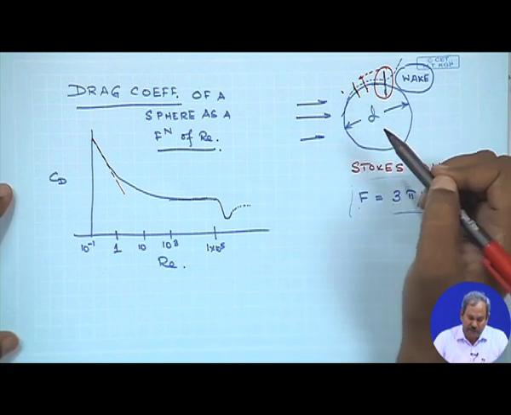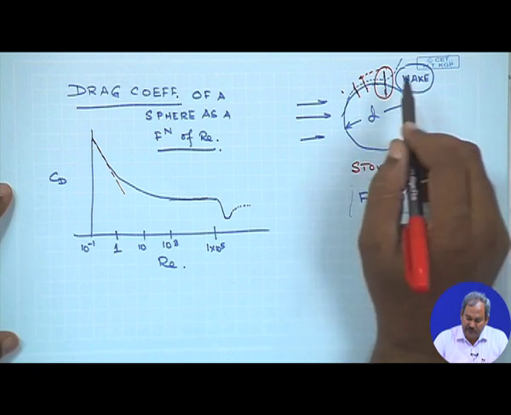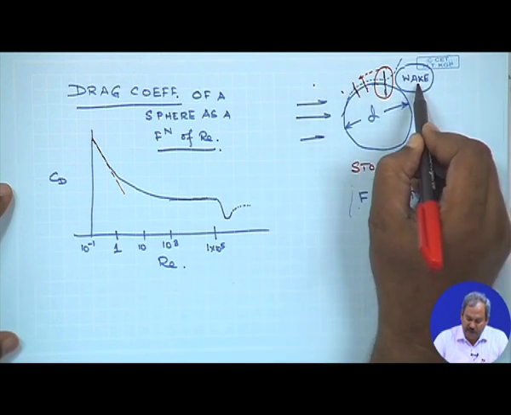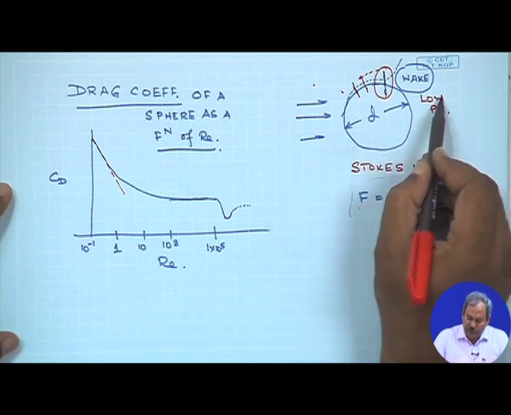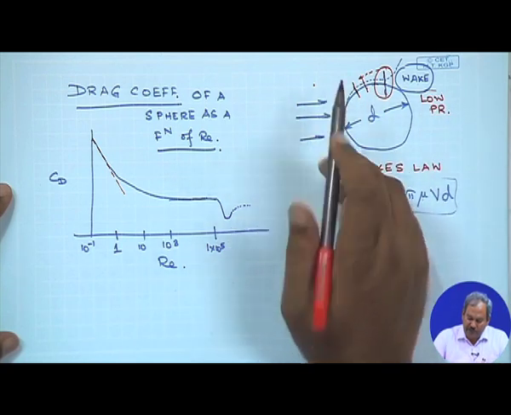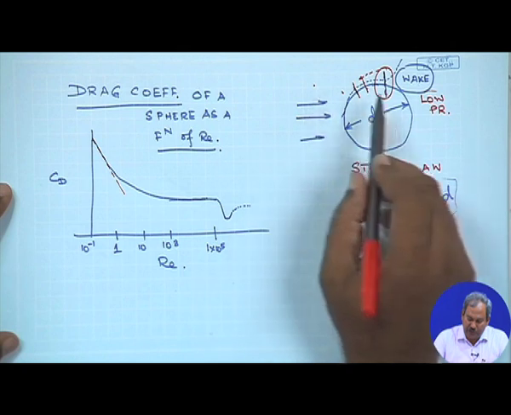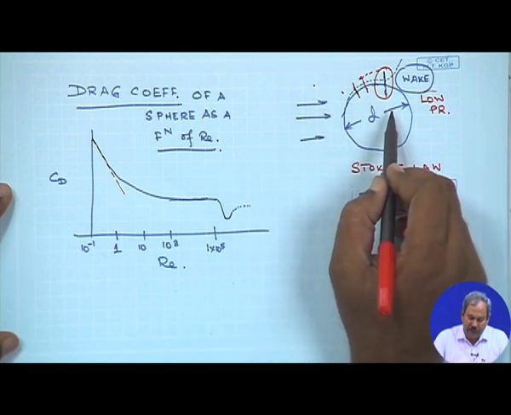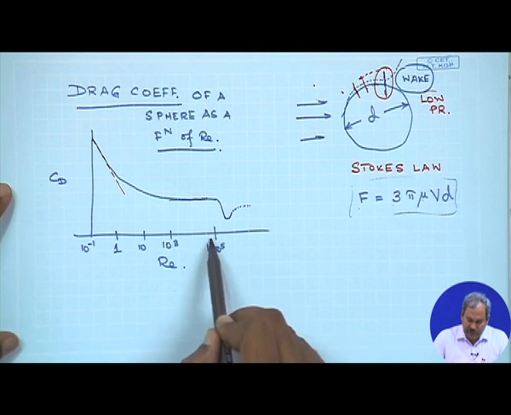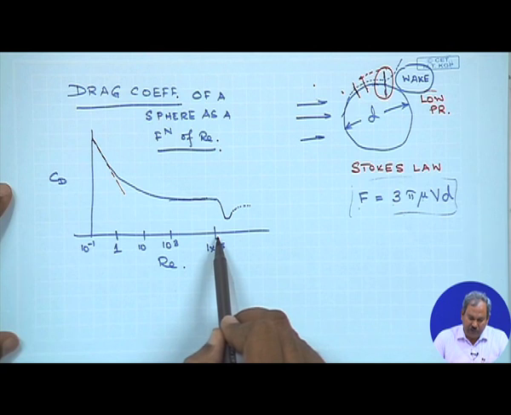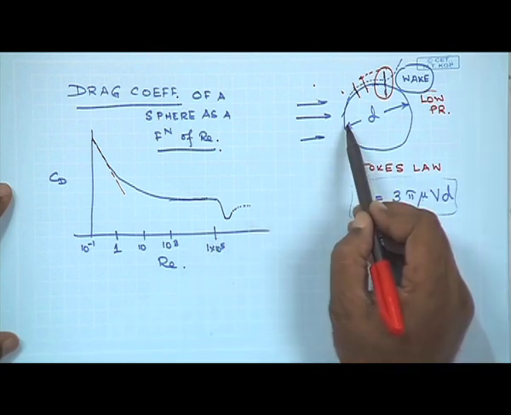So, the wake is a low pressure region, and since you have high pressure on this side and low pressure in the wake, the presence of a low pressure region and a high pressure region at the front of it would lead to a large pressure drag. For Reynolds number greater than roughly about, as you can see in the figure, 2 into 10 to the power 5, transition occurs in the boundary layer on the forward portion of the sphere.